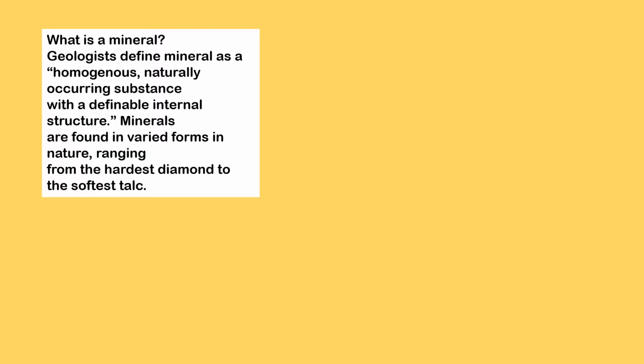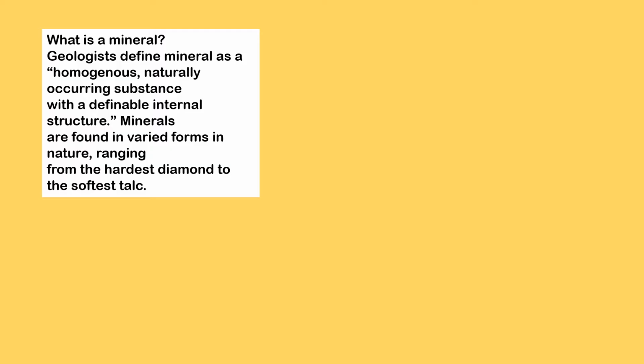Naturally occurring: it is not man-made. It's not synthetic. They are formed through natural processes. Definable internal structure: they have a specific and orderly arrangement of atoms and ions, which gives them distinct physical and chemical properties.